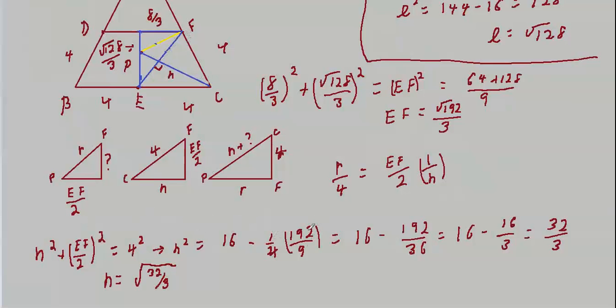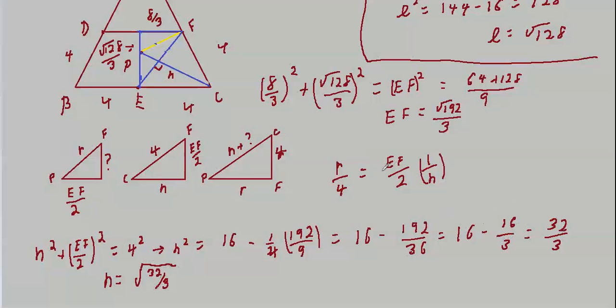That's the root of 192 squared right here, and 3 squared. Well, after some arithmetic, we get 16 minus 192 over 36, which reduces to 16 minus 16 over 3, or 32 over 3. That's N squared, so N is the square root of 32 over 3.